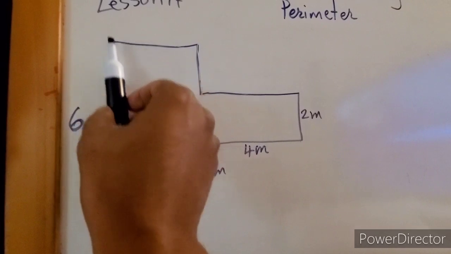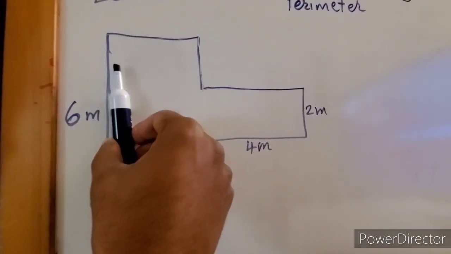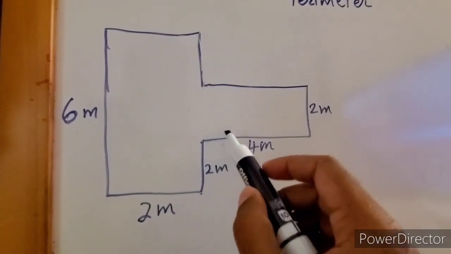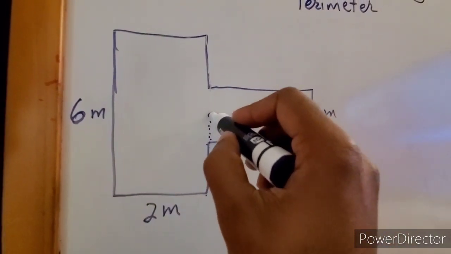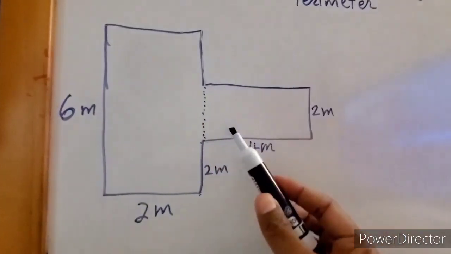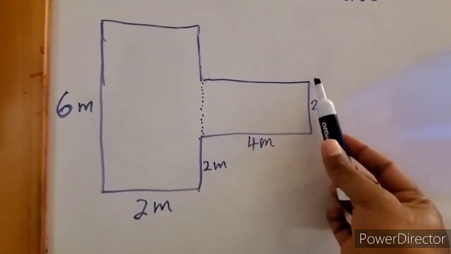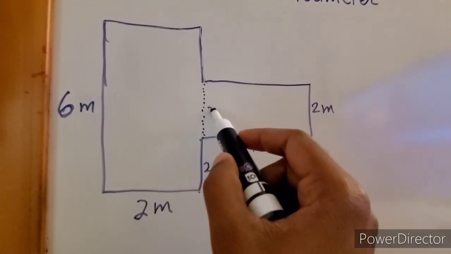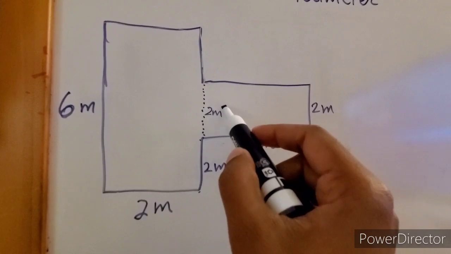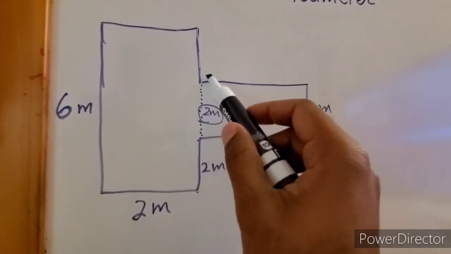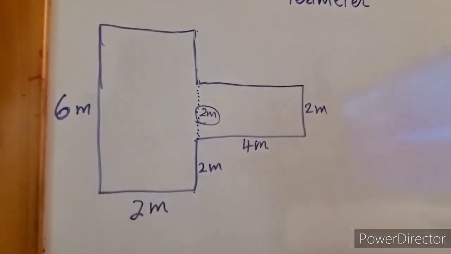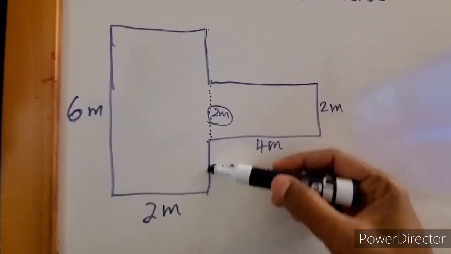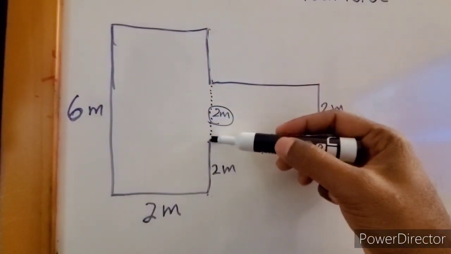Now, this is already 6 here. We already know that. We know that from here to here is 2, and from here to here, we know that here is 2, so therefore this little distance is going to be 2. Just put 2 right there for the time being so that we identify what this is, because we need to find that little distance there. Now, if this is 2 and this is 2, that's 4.